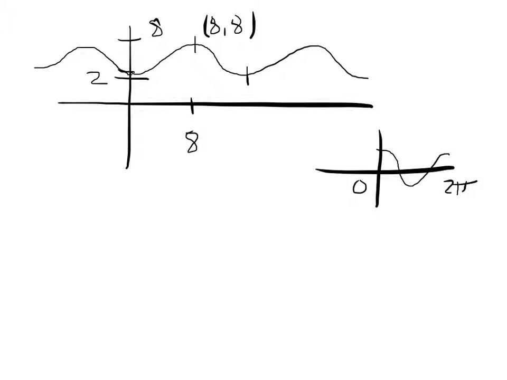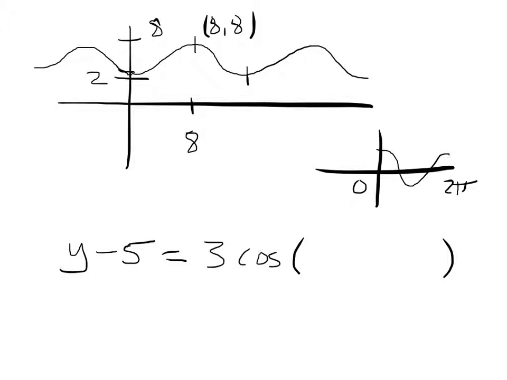So I can start thinking about how to write this cosine equation. I know I'm going to have a y minus 5. Everything's been moved up 5 units. I know my amplitude is 3. And I know I want to write a cosine graph here. And now all we've got to do is figure out what's going to go in here.